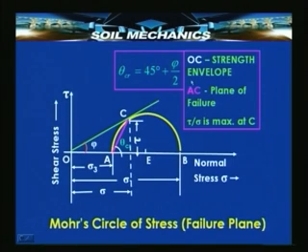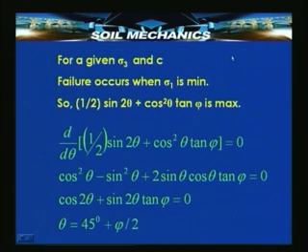Now, this means that we need to know the angle phi. This means that we need to have a method to determine the angle phi. There are laboratory techniques to determine this angle phi, as we will be seeing later. Now, how do we say that theta is equal to 45 degrees plus phi by 2 from theoretical considerations? It is very simple. For a given value of sigma 3 and C, the failure will occur when sigma 1 is minimum.